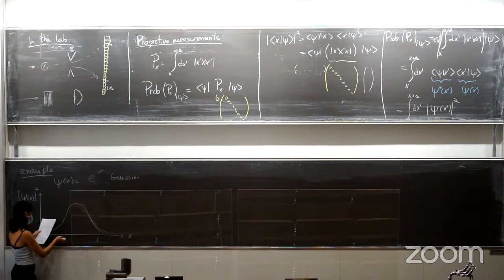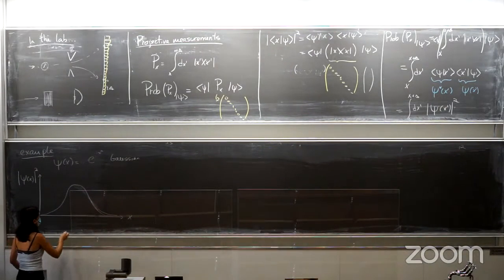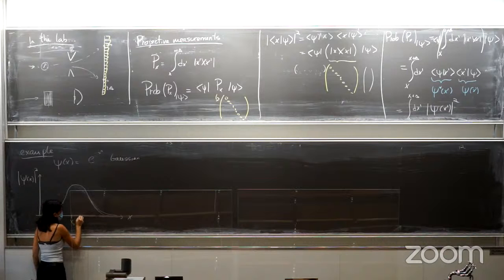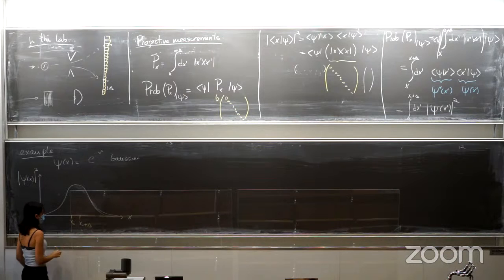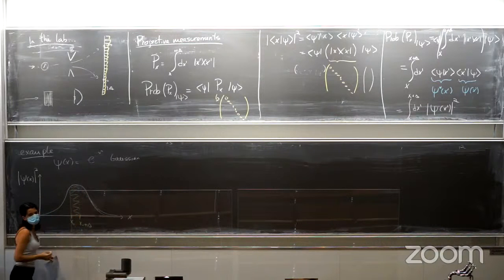So now, what does that projector mean? Suppose it's P of x0, this goes from x0 to x0 plus delta. Suppose that this is our delta. It's the precision, and then that probability corresponds to this area here.